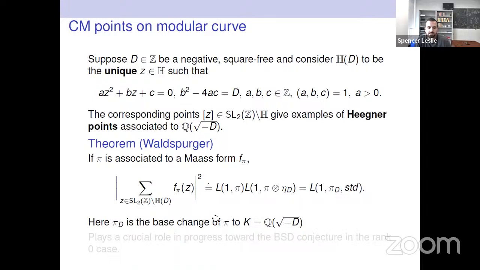So we see here something going on where it's a product of L functions or related to a functorial lift of the representation pi to this base change. This formula and its generalizations play a crucial role in dealing with the rank 0 case of the Birch-Swinnerton-Dyer conjecture, whereas the Gross-Zagier formula plays a role in the rank 1 case.